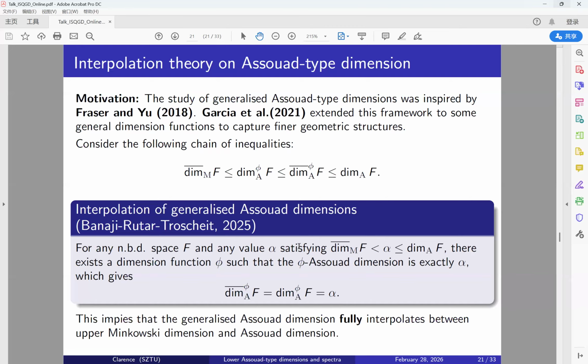Just to say, the generalized Assouad dimension can fully interpolate from the upper box dimension to the Assouad dimension by the function phi instead of some parameter s. This implies that the generalized Assouad dimension fully interpolates between the upper Minkowski dimension and the Assouad dimension.